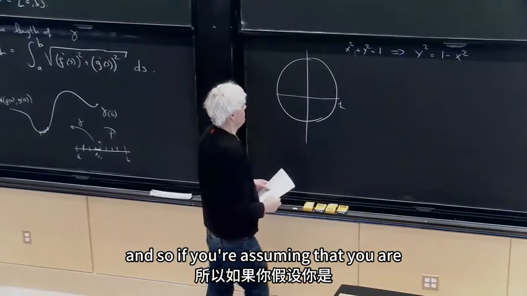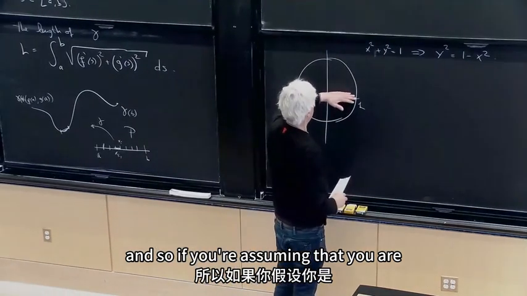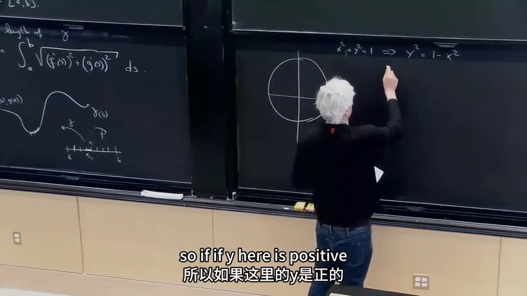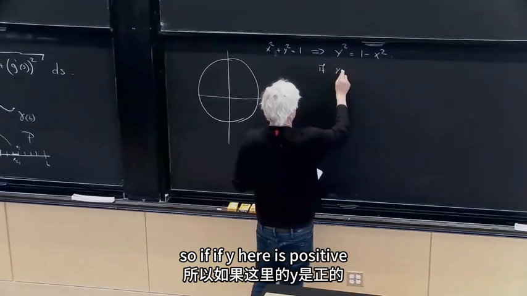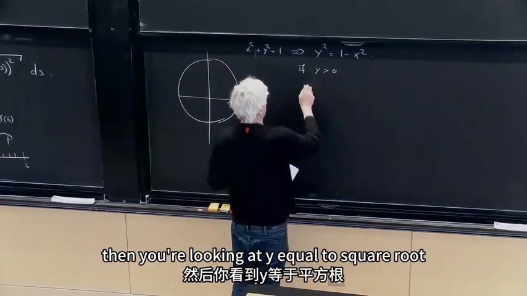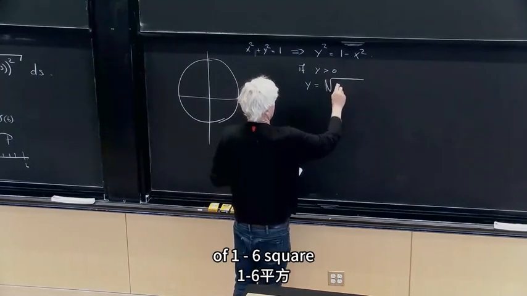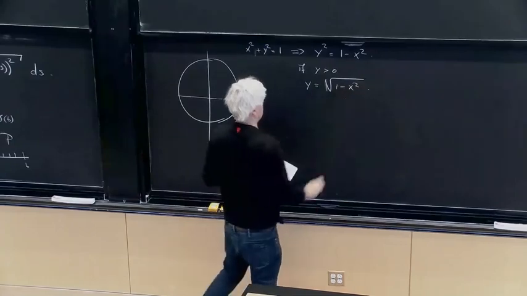And if you're assuming that you are in the upper part where y is positive, then you're looking at y equal to the square root of 1 minus x squared.